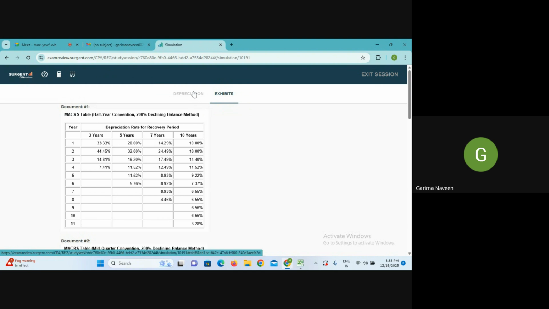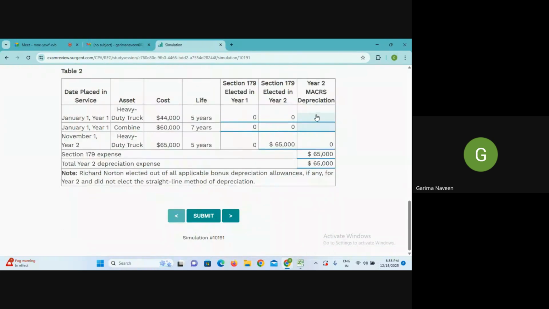अच्छा, कैलकुलेट कर लिया आपने? Is it 44,000 minus opening depreciation, or how was it?